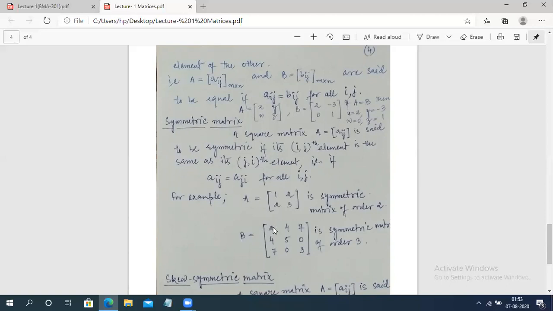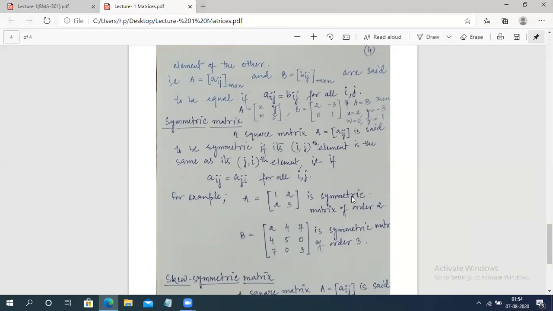जैसे B इज ए मैट्रिक्स, इसके एलिमेंट्स ये है 2 4 7 4 5 0 7 0 3। अब ये देखिए, A12 4 है, A21 भी 4 है, A13 7 है, A31 भी 7 है, A23 0 है, A32 भी 0 है। या फिर देखिए ये भी कह सकते हैं आप, देखिए 2 5 3, ये प्रिंसिपल डायगोनल एलिमेंट्स के ये साइड जो है उसी का रिफ्लेक्टेड इमेज यहाँ पे है। तो सिमेट्रिक अबाउट द प्रिंसिपल डायगोनल एलिमेंट्स, these matrices are called symmetric matrices.